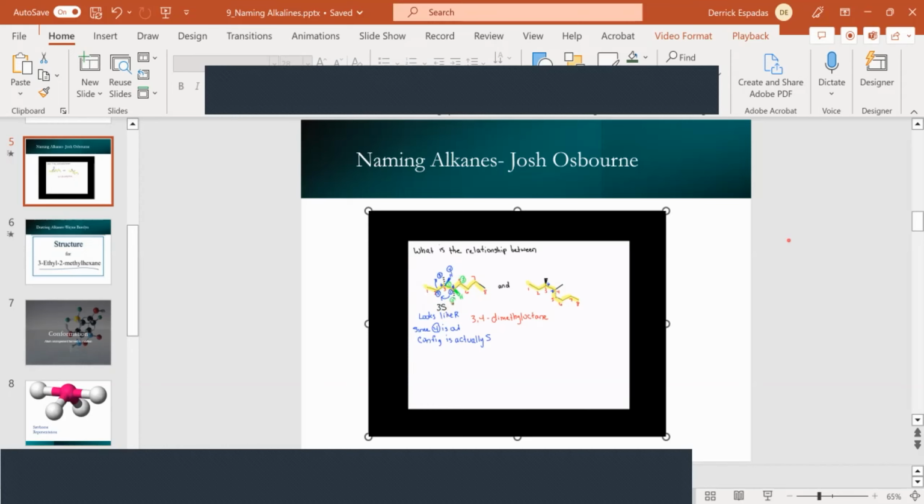The methyl is our priority 3 group, and the hydrogen's priority 4. We'll draw an arrow from 1 to 2, 2 to 3. Okay, so we're going around and it looks like R, but since H is pointing out, it's actually S. So at carbon 4, we have S configuration.